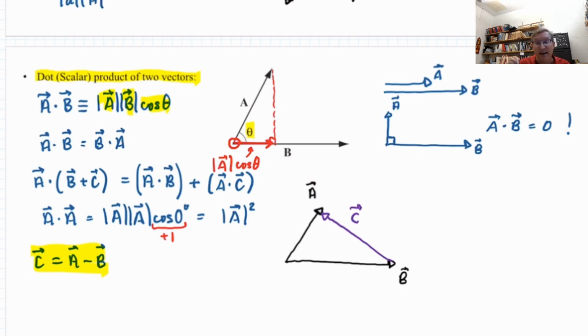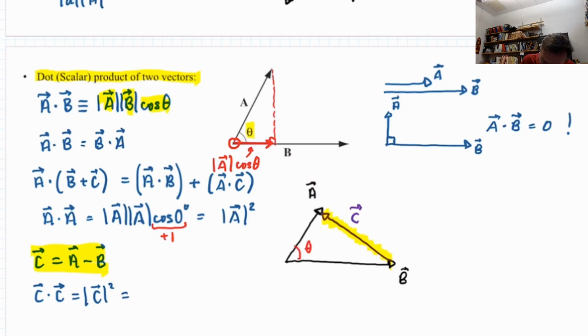Given those three vectors, A, B, and C, which is A minus B, let's calculate the dot product of C with itself. Now we know that that will be the magnitude of C squared. That'll be the length of this side of this triangle squared. Note, by the way, that angle right there is what we're calling theta, right? Between A and B.